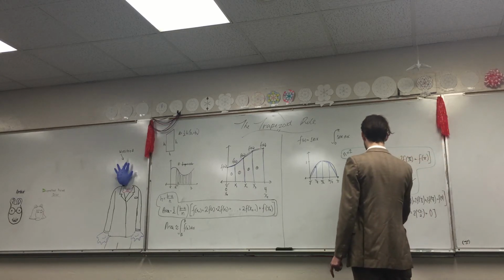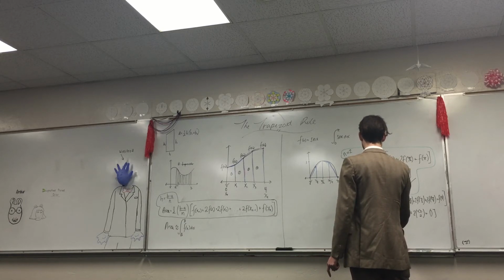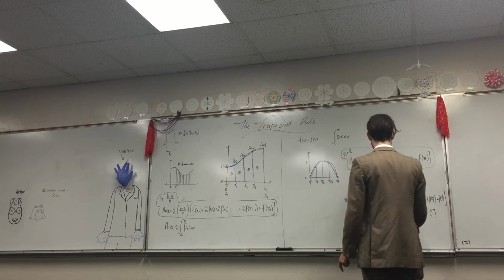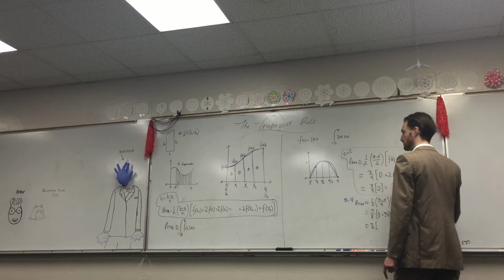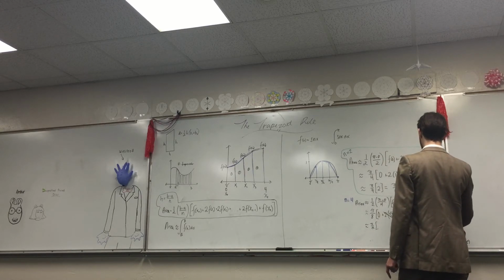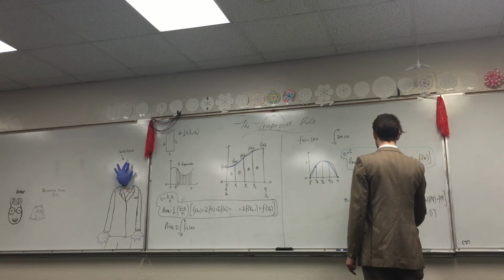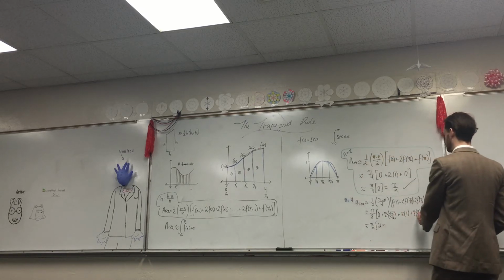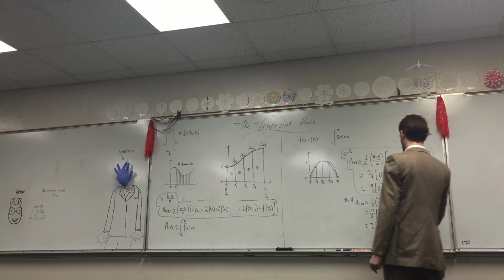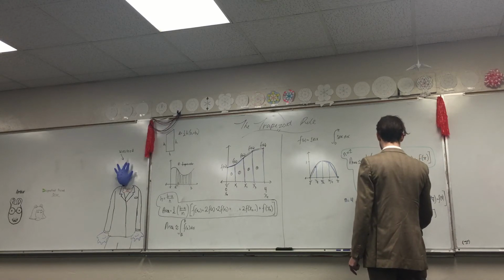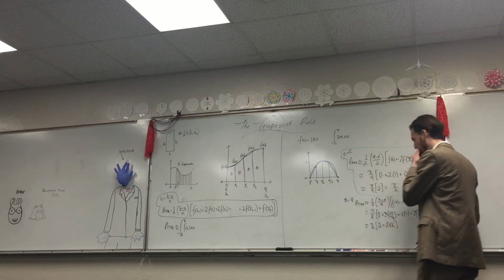Which gives us pi over 8 times, this 2 cancels with that 2, this 2 cancels with that 2. I have 2 times 1, plus radical 2 plus radical 2, so plus 2 radical 2. Right?